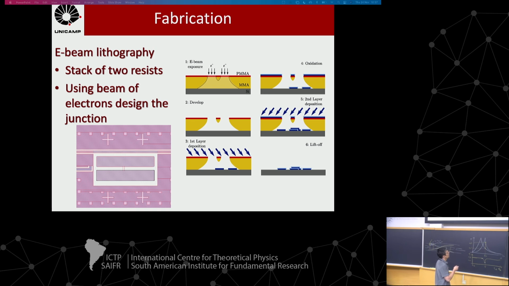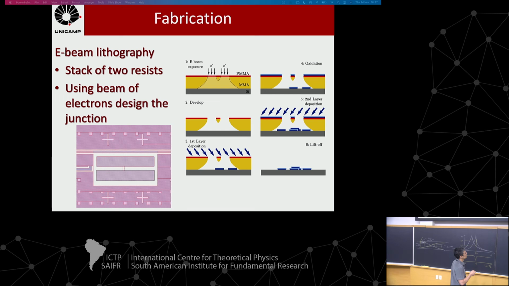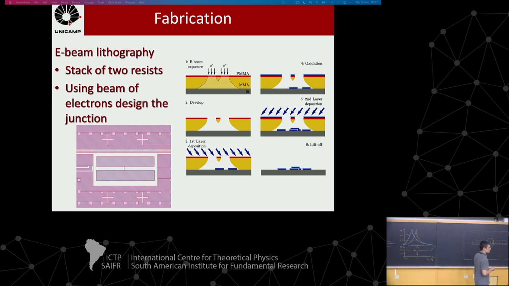I do the first layer of deposition, for example, here and here. Do oxidation of the aluminum, and do the second deposition of aluminum on top. Then I remove my sample from the chamber, and I have my junction here. Superconductor, the light blue here, the oxide, and the dark blue, the superconductor again.